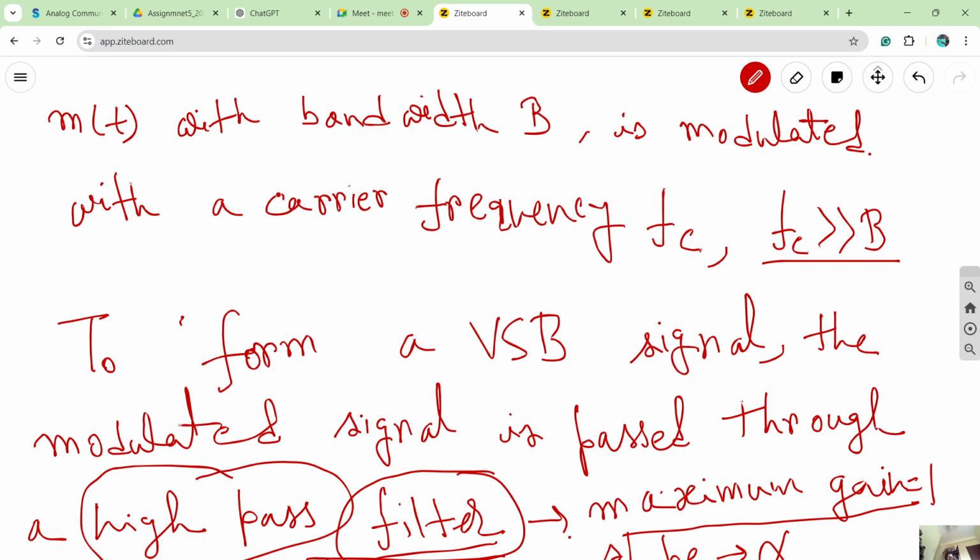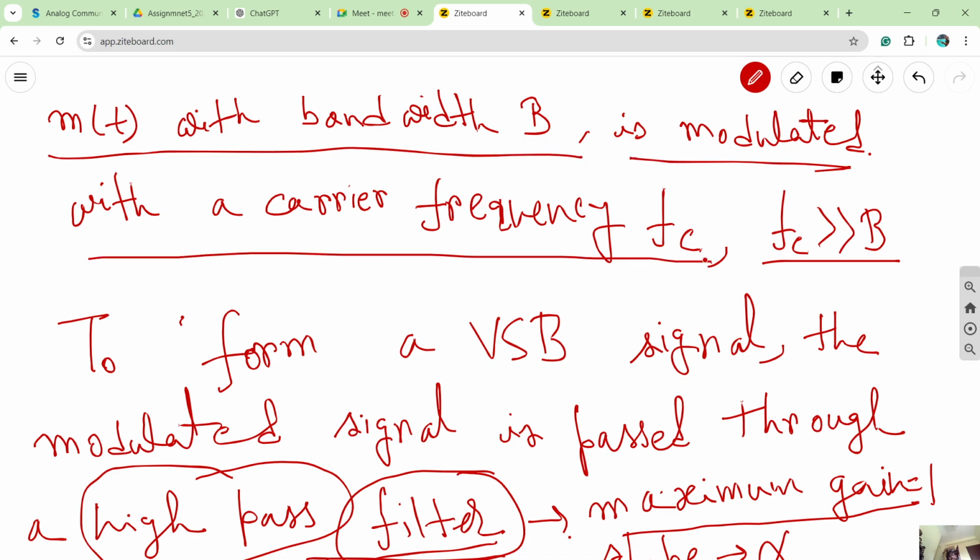So the question is again, MT is a signal with bandwidth B and it is modulated with a carrier frequency Fc, and Fc is greater than B. So the carrier frequency is very large compared to the signal band. Then we want to form a VSB signal. To form the VSB signal, we just pass this modulated signal through a high pass filter that has a maximum gain of 1 and slope of alpha.